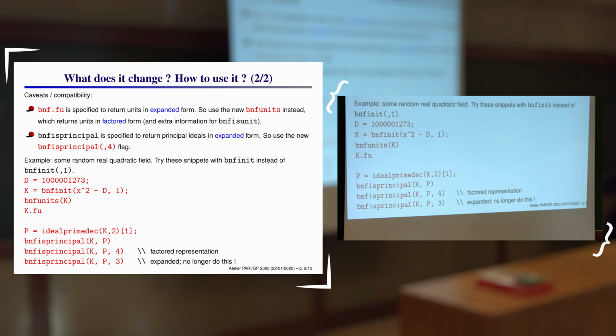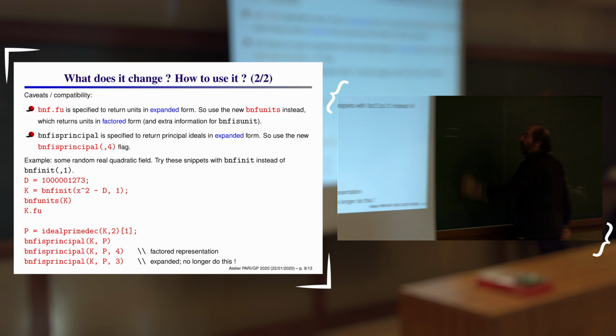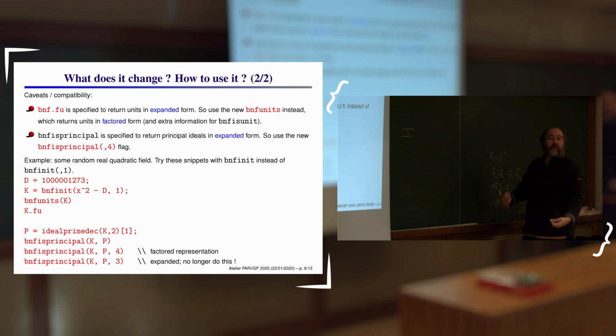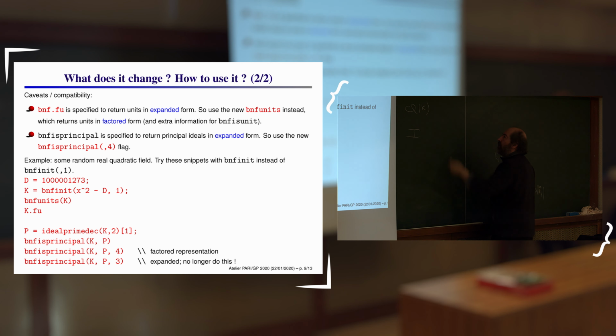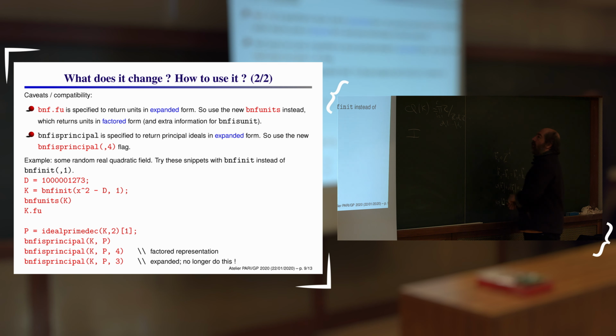So you start from an ideal, I, and you know that the class group of K is actually isomorphic to some product of cyclic groups, say in SNF representation.